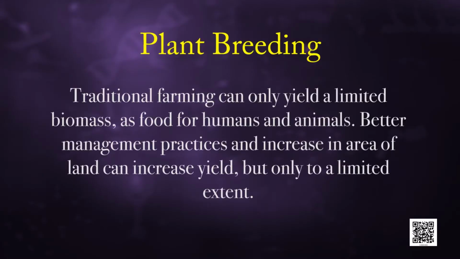Traditional farming can only yield a limited biomass as food for humans and animals. Better management practices and an increase in the area of land can increase yield, but only to a limited extent. After India's independence, one of the main challenges facing the country was producing enough food for the increasing population.